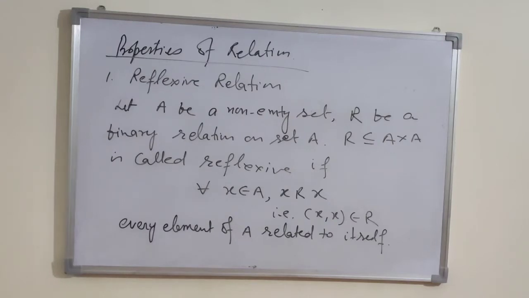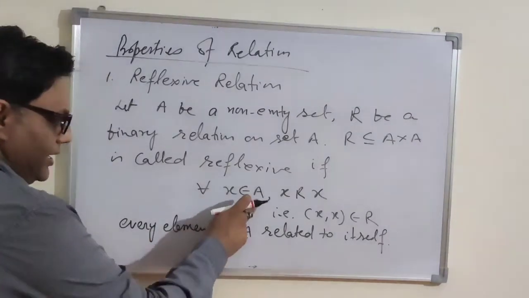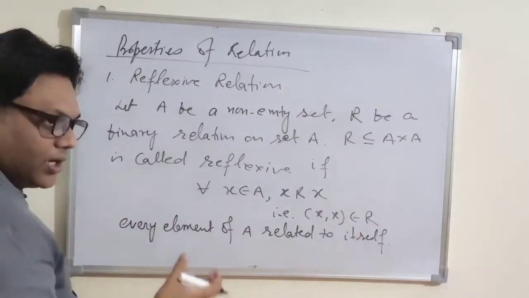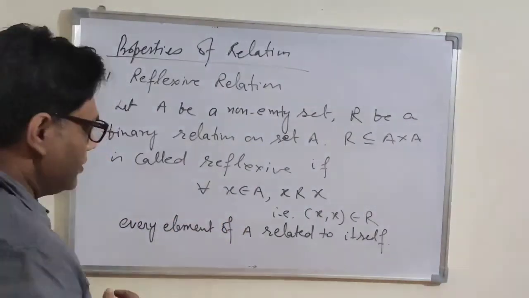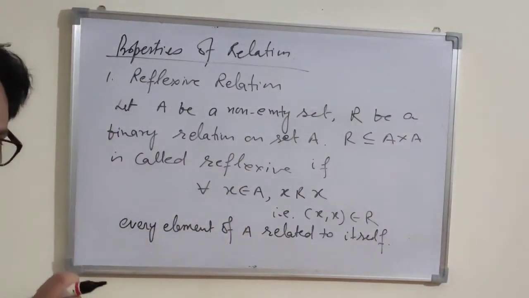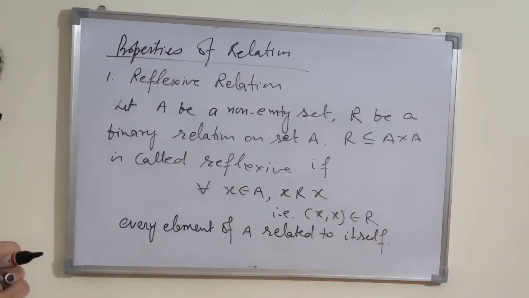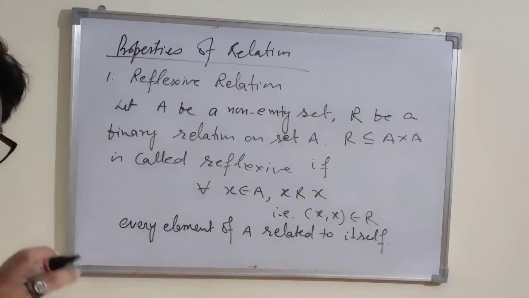But every line is not perpendicular to itself. It is not a reflexive relation. So in reflexive relation, all the elements of A are related to itself. Got it? Reflexive relation means all elements of A are related to itself.